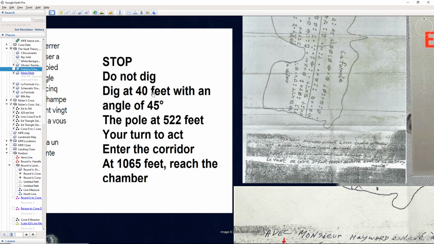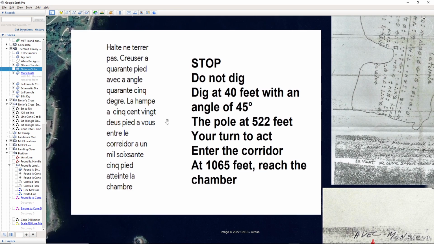So you dig to 40 feet, and then with a 45-degree angle, and that's a directional angle, the pole is at 522 feet, or pied. It's actually pied in the translation. You can see it says right here, 522 pied.